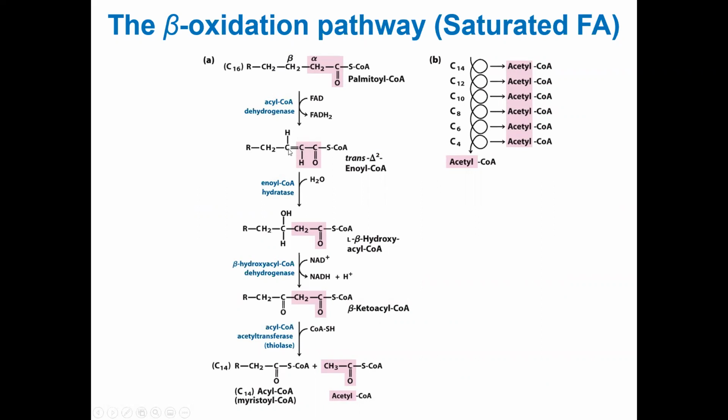If you have a trans double bond between carbon number 2 and 3, then enoyl-CoA hydratase will accept that as a substrate, and will add water to that beta carbon, right? That's what you need: a double bond between alpha carbon and beta carbon, or carbon number 2 and 3.